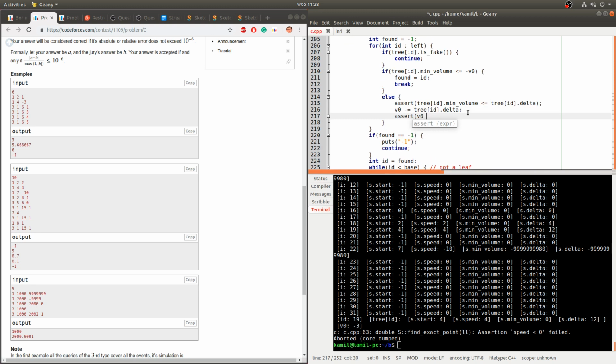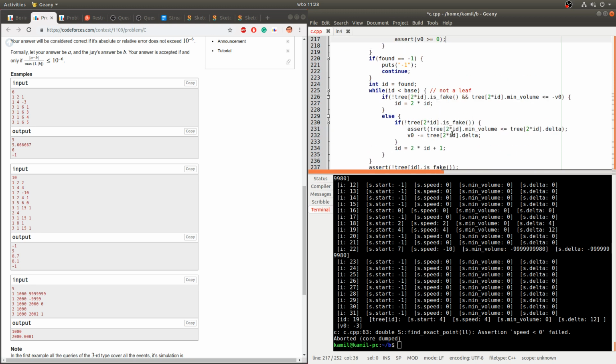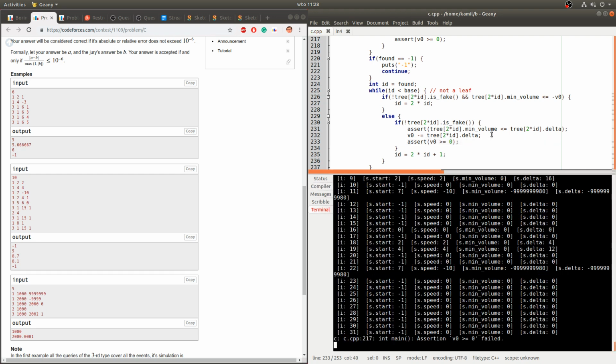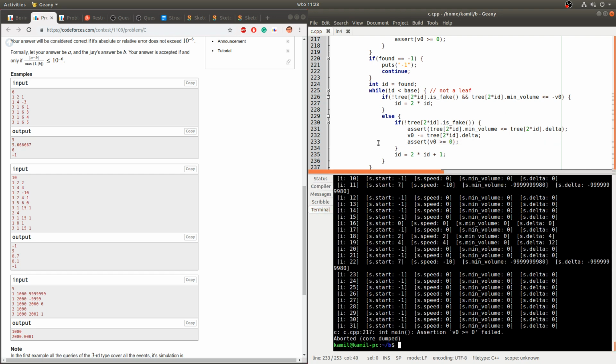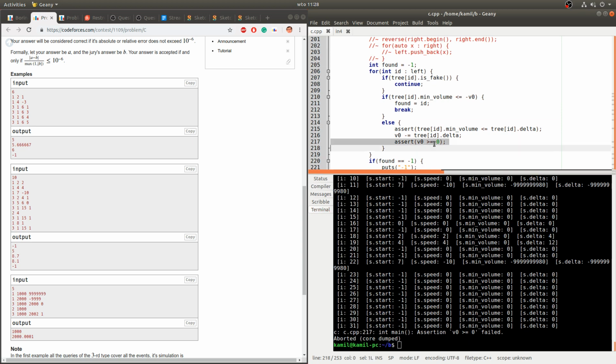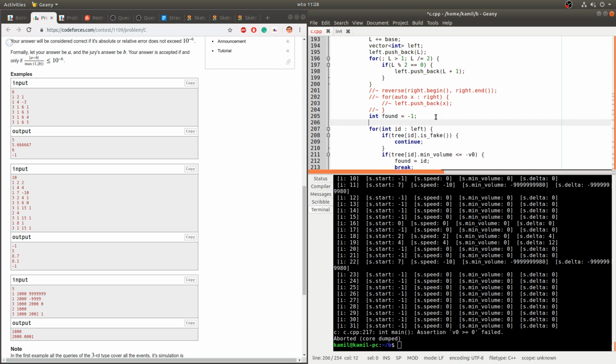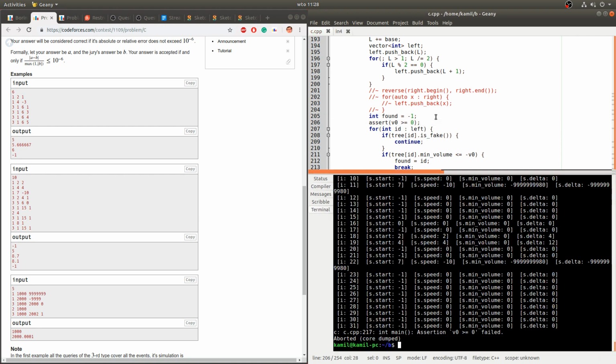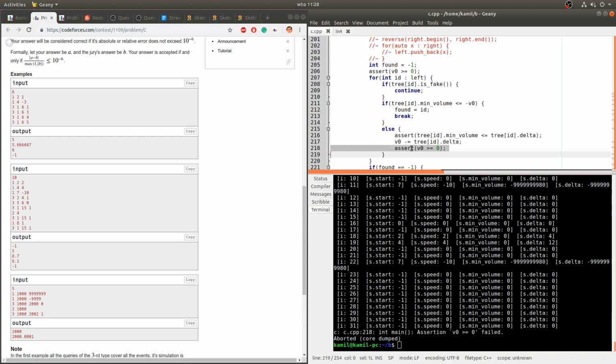Assert v0 greater equal 0. Assert 0 greater equal 0. In line 217, here it was negative. Is it positive here? It is. So it still breaks here.